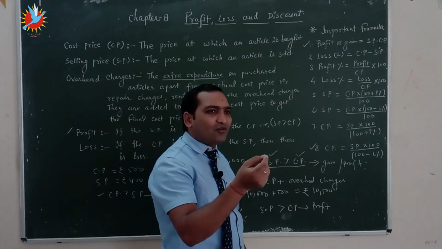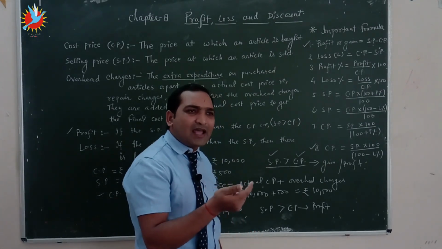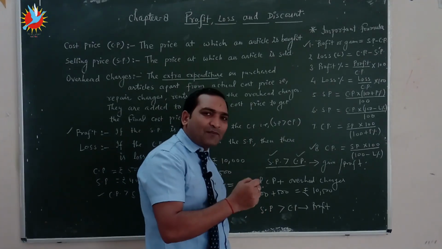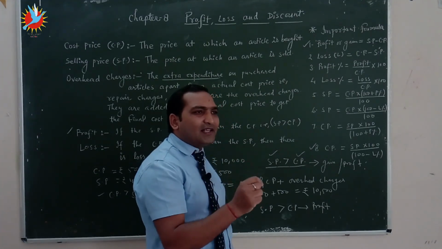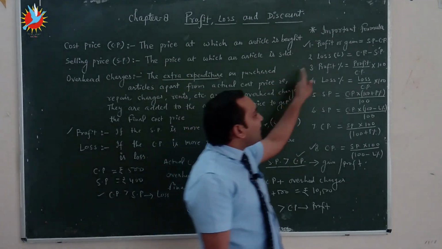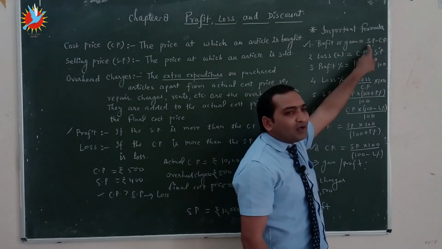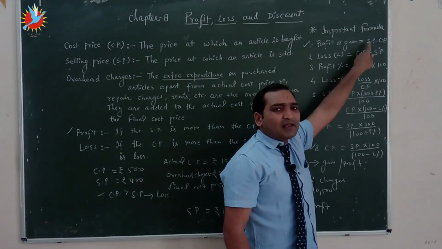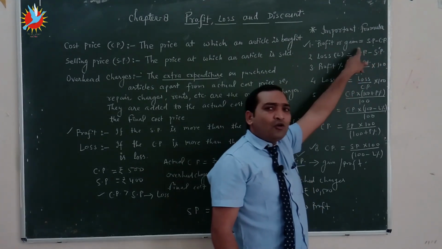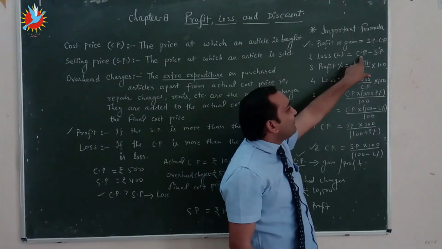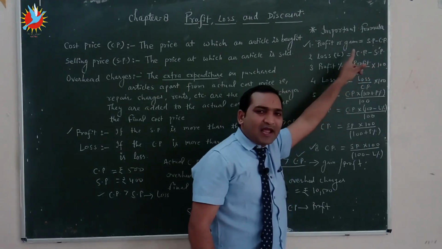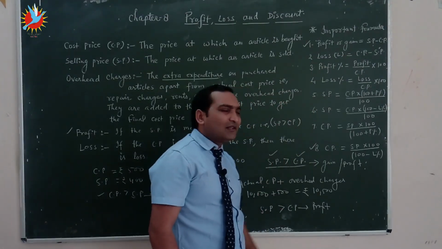In this situation, the selling price is 12 rupees and the cost price is 10 rupees. When the cost price is less than the selling price, we subtract the cost price from the selling price, which means SP minus CP is equal to profit. Second, loss is equal to CP minus SP, cost price minus selling price.